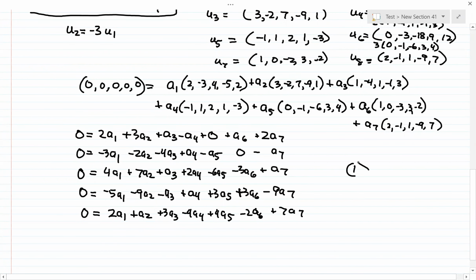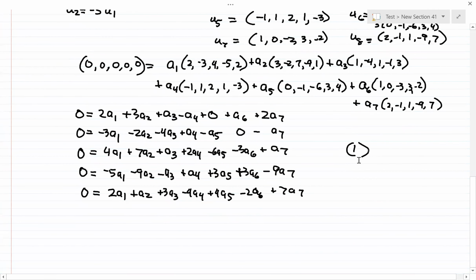Call this system 1. Try to get rid of some zeros. Let's see how to do that. Different ways to go.